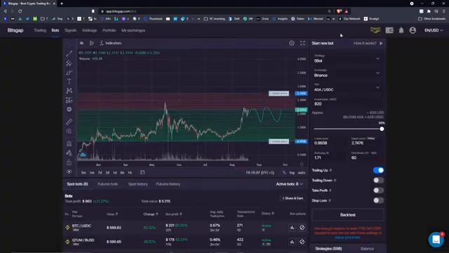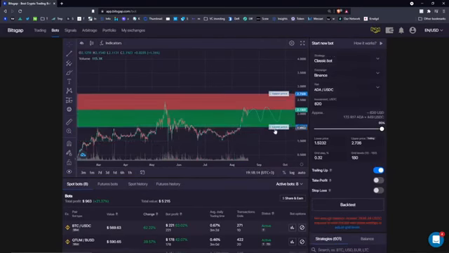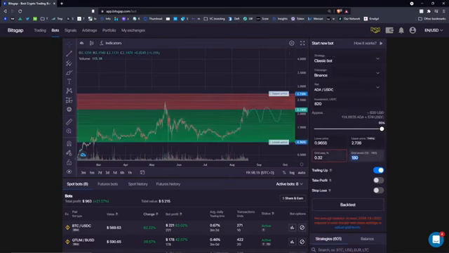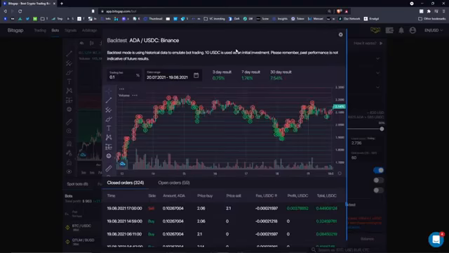But what if I would stick with the Classic Bot instead, with the same amount of grids? I think it was 60 or something. Backtest, and you see the result will be 7.55%.